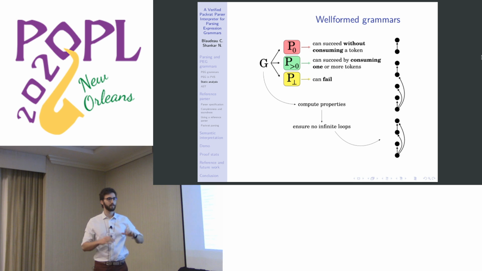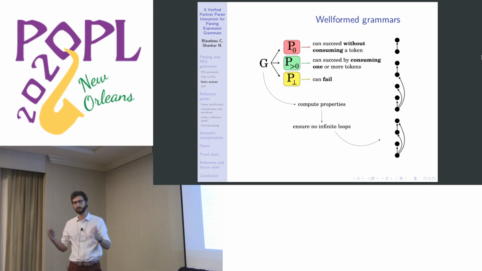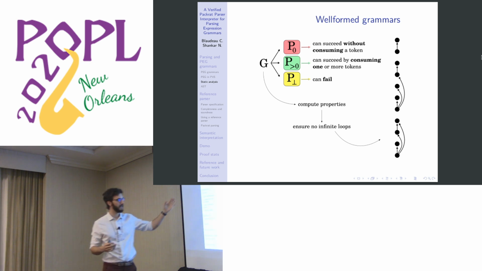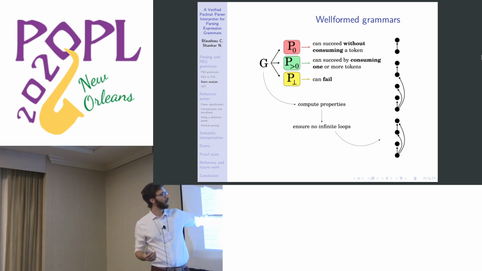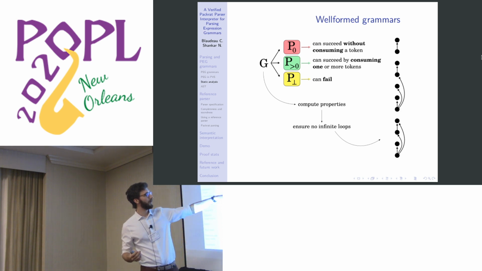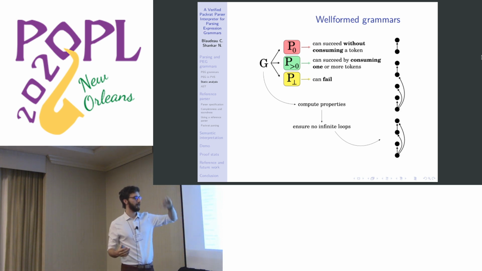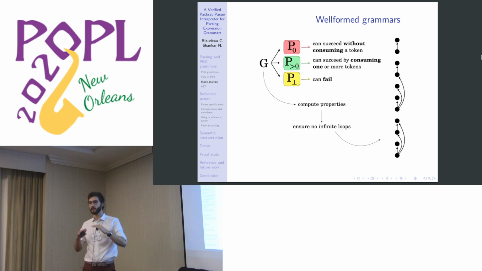Once you have computed the properties, finding a fixed point basically in the set of properties, you can ensure that there are no infinite loops and that every pattern of your grammar only uses patterns that are above it before you are sure that at least one character was consumed. So that's a part that is very important, but is not well explained here because all the details are in the paper.